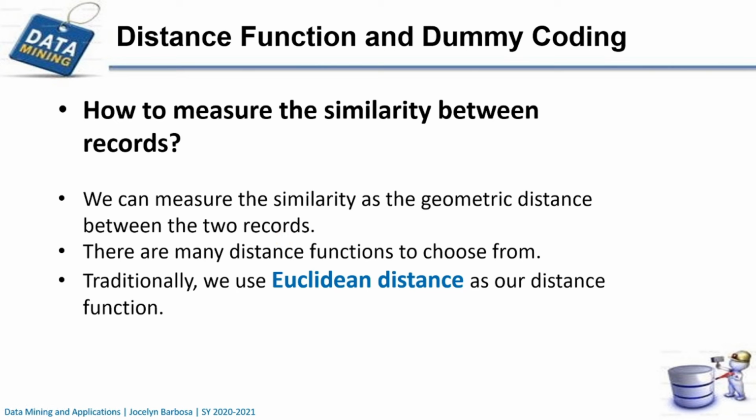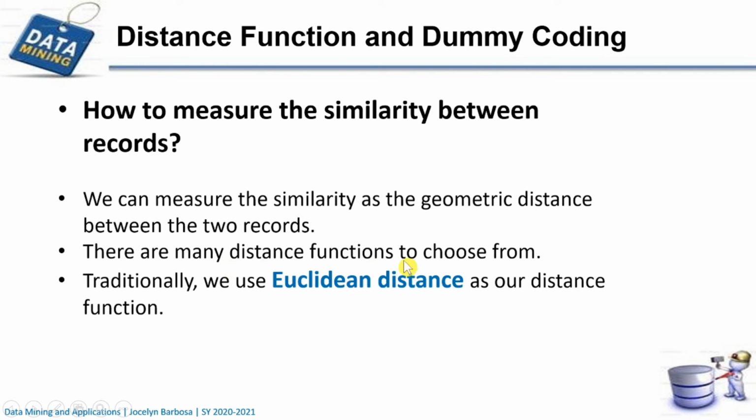That's why it's linear, because we compute the similarity distance from the new instance or record to each element in the dataset.